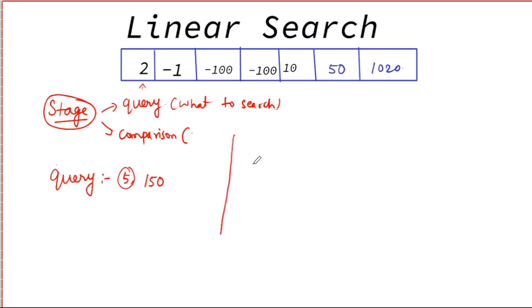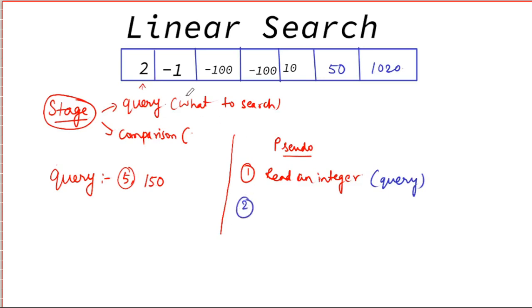If a pseudocode for this method has to be written, the idea is simple. First, a query has to be asked. A query is like reading a number, reading an integer. And then a comparison has to be made by comparing each element present in the array.